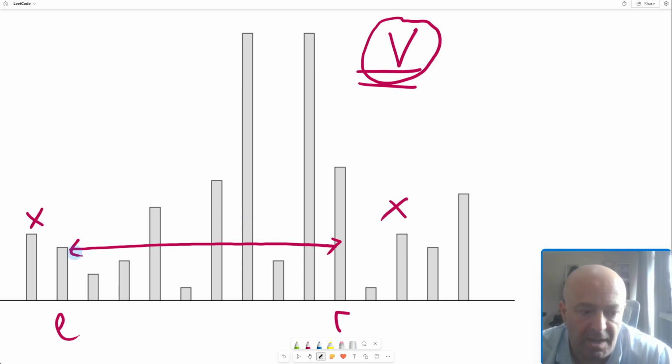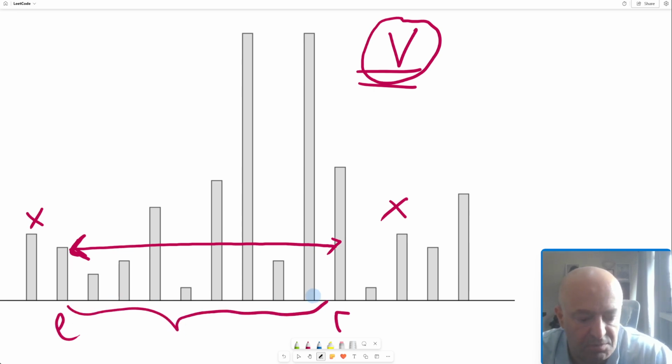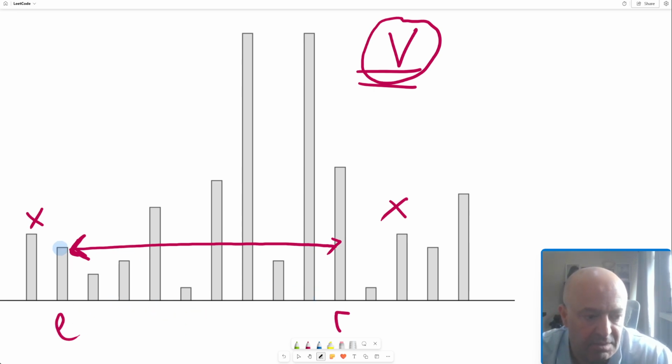So if I've managed to narrow down left and right to this range, then at the very minimum, if a better container exists, none of its walls are outside.